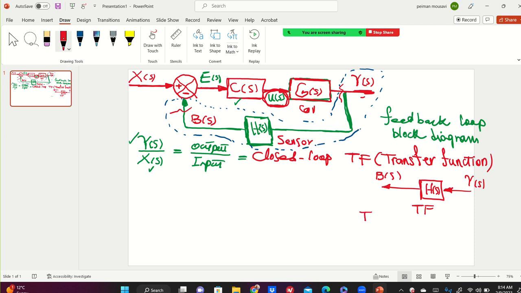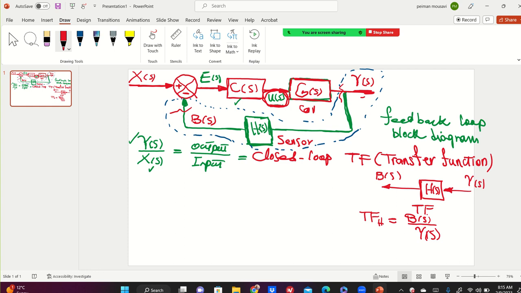So for the transfer function of the sensor, H, what is the input to this sensor? Just use your eyes. What is the output? Yes. So B of S over Y of S. This is the transfer function of the sensor.